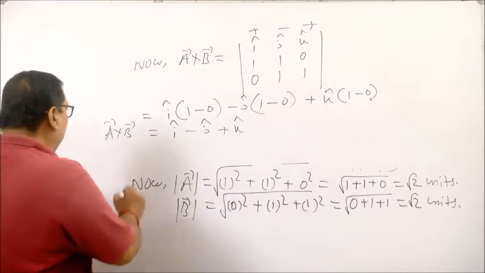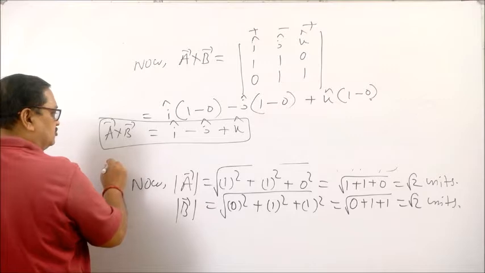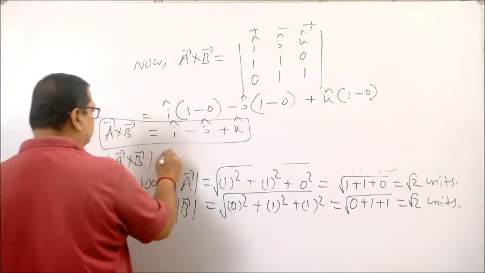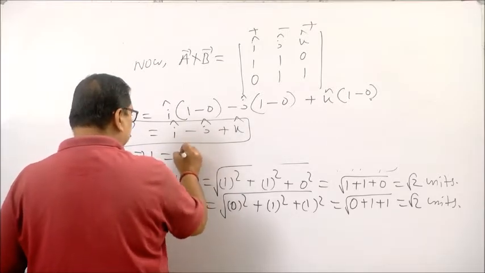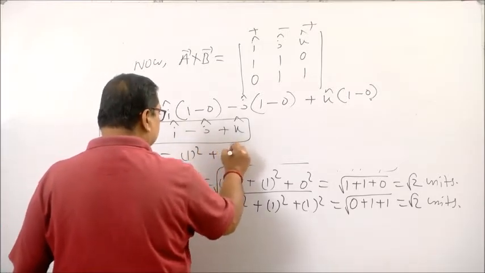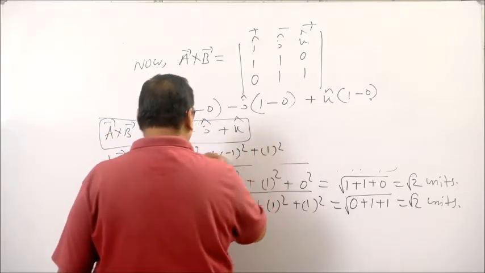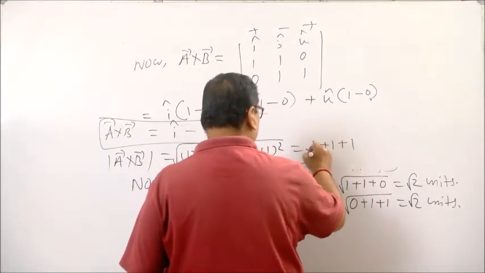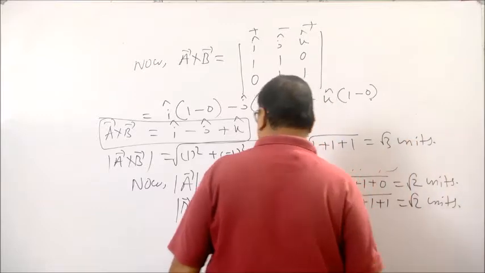So now this is the vector A cross B. But we have to find the modulus of A cross B, that is, the magnitude of A cross B. The coefficient of i cap is 1 square, of j cap is minus 1 square, of k cap is 1 square, then root over. This is 1, 1, 1 root over, that is root 3 units.